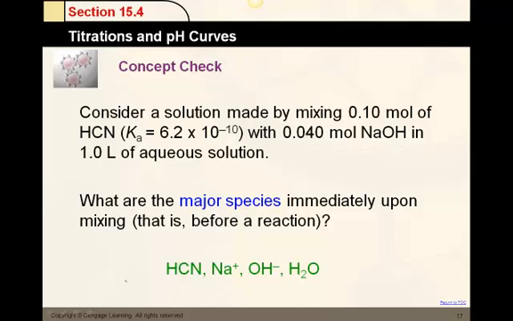You will notice, just like before, the major species are made up of those things that can ionize. HCN, which we've had in an earlier chapter's PowerPoint, is weak, obviously has a Ka value as listed here, doesn't ionize, therefore it stays together. Sodium hydroxide, however, is a strong base, and that's why you see Na positive and OH negative, and of course water.